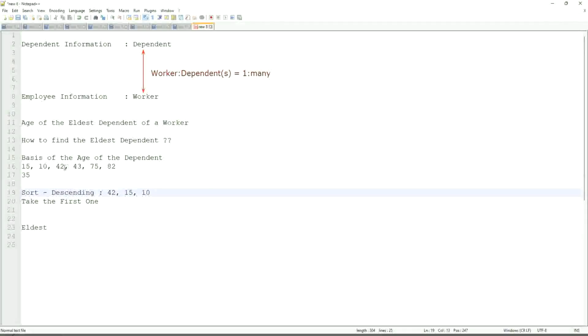Only one problem is if there are multiple dependents with the same age. Right, if there's only children as dependents, and there is a twin the same age. So at that point it becomes difficult, but other than that it is more or less foolproof.